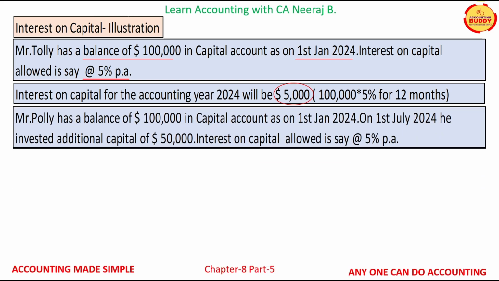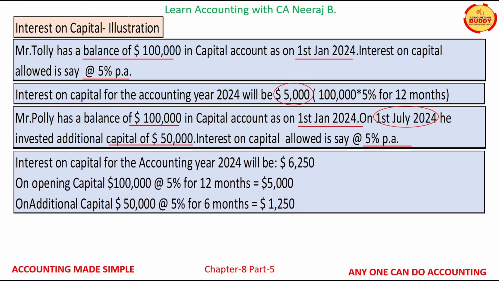Mr. Polly has a balance of $100,000 in his capital account as on 1st of January 2024, and on 1st of July 2024 he invested additional capital of $50,000. Interest on capital allowed is say 5% per annum. In this example, the interest on capital for the accounting year 2024 will be $6,250. On opening capital of $100,000, interest at 5% per annum for 12 months comes to $5,000.